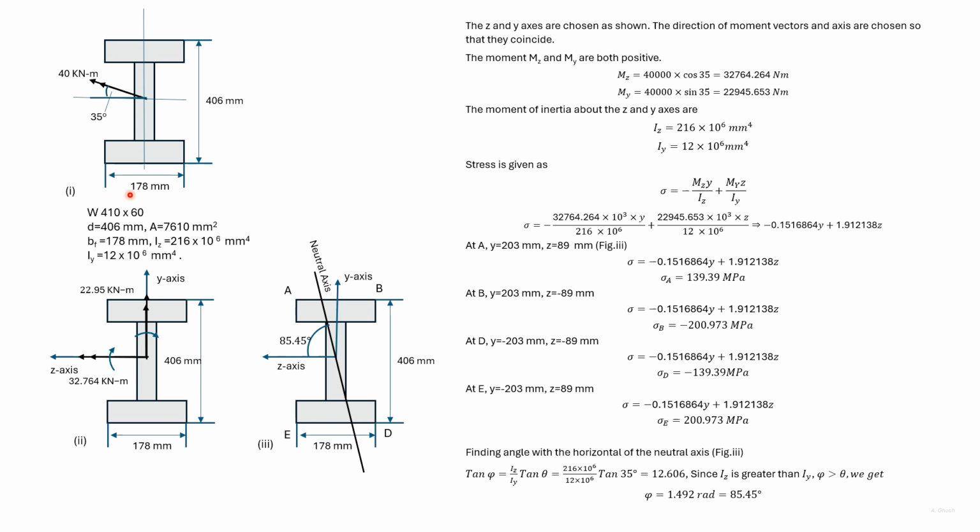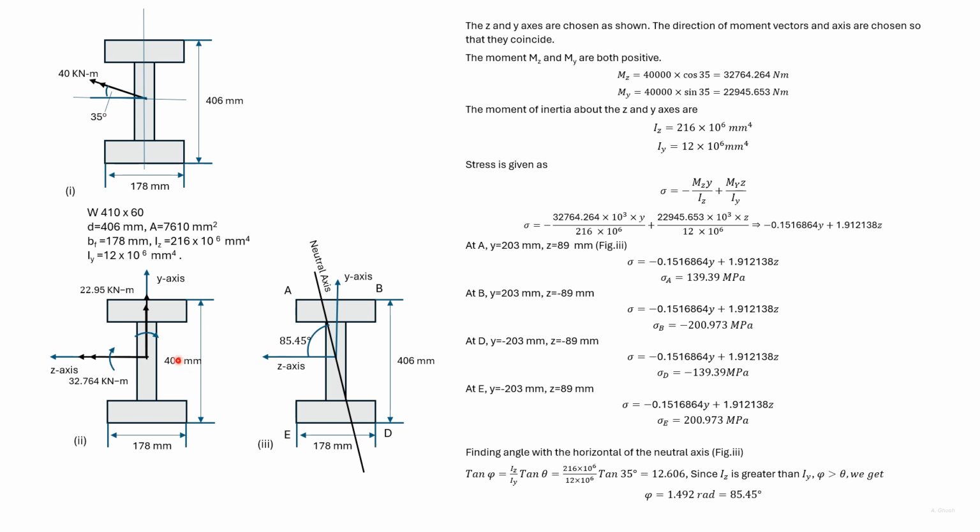Here we have an example of an I section to which a moment is applied as shown. The dimensions of the I section are given and we are required to find out the stresses at A, B, D, E. We are also required to find out the angle that the neutral axis makes with the horizontal. With the I section, the principal centroidal axis aligns with the axis of symmetry.